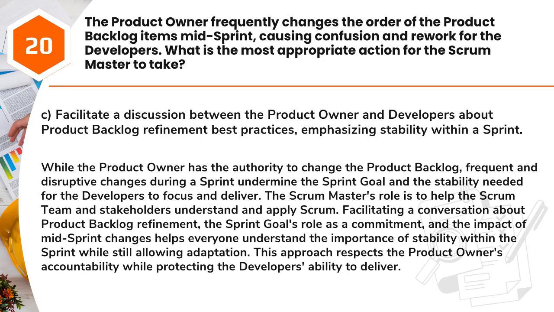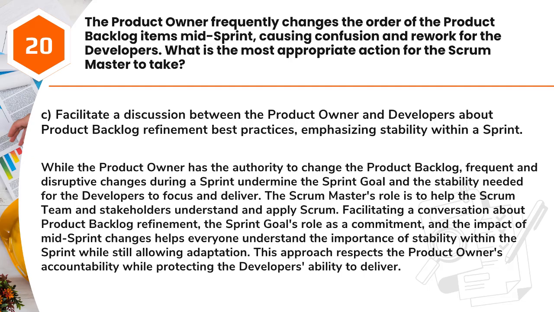Answer: C. Facilitate a discussion between the product owner and developers about product backlog refinement best practices, emphasizing stability within a sprint. While the product owner has the authority to change the product backlog, frequent and disruptive changes during a sprint undermine the sprint goal and the stability needed for the developers to focus and deliver.